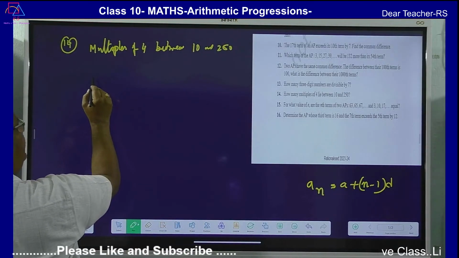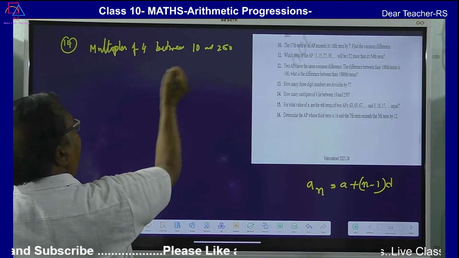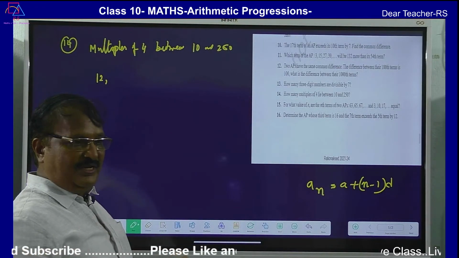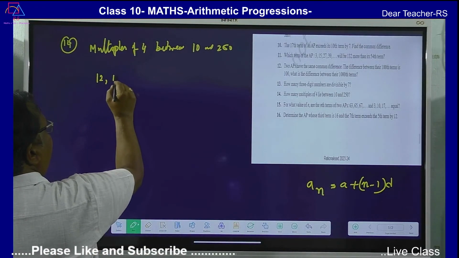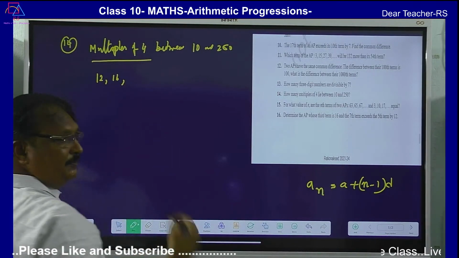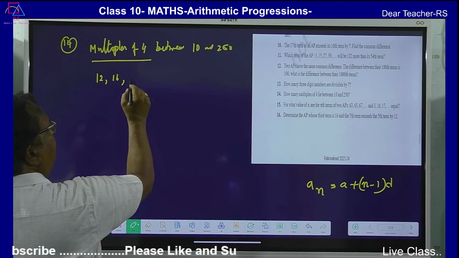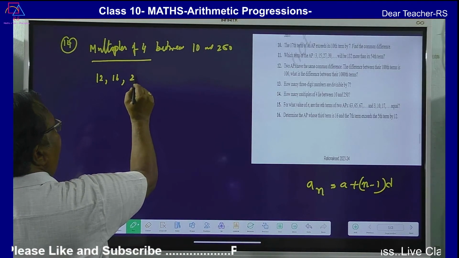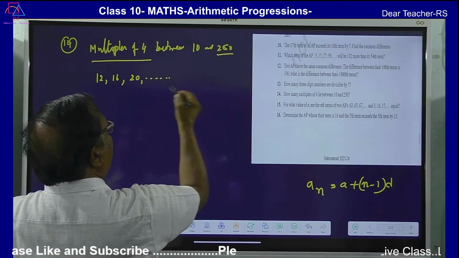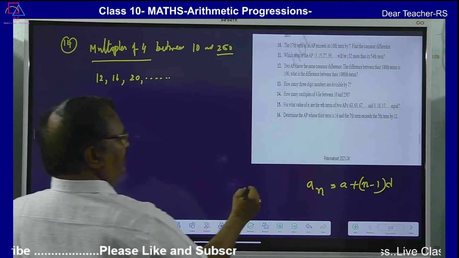So, what is the first multiple after 10? 12. Yeah, 12. So, next multiple 16. We have to write multiples of 4. Next multiple 20 and so on.